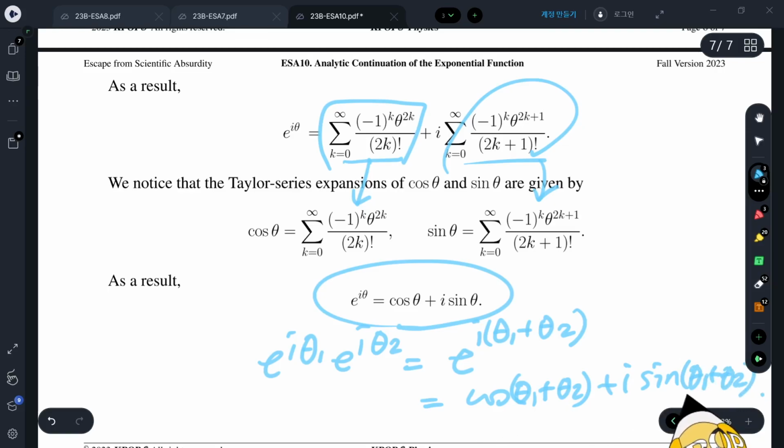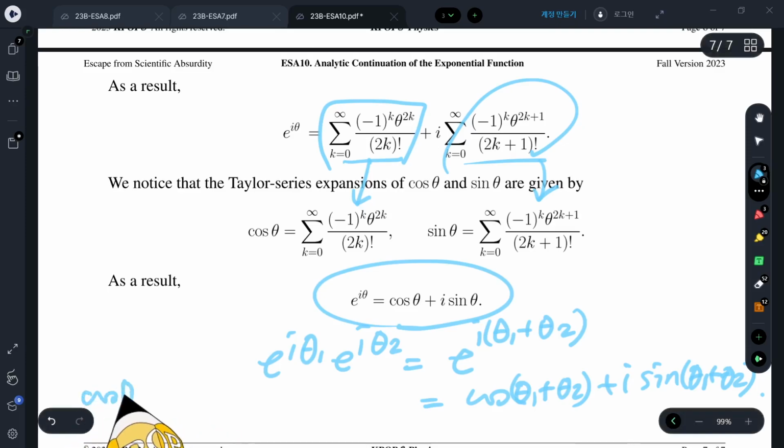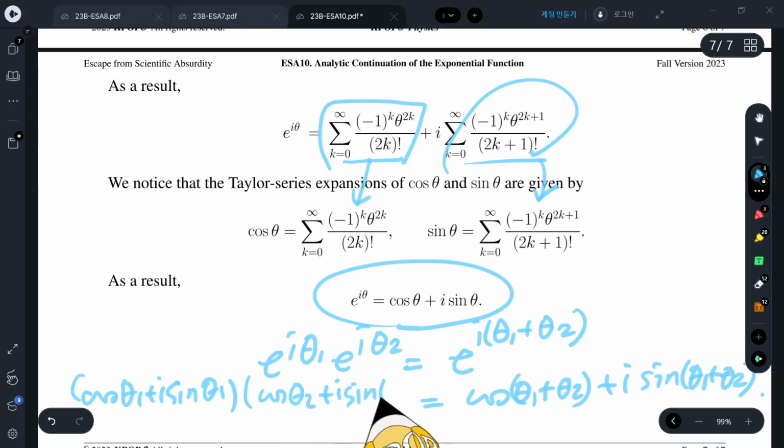Okay, using this one, actually you can find addition formula of cosine and sine. Why? How? Cosine theta 1 plus i sine theta 1 multiplied by cosine theta 2 plus i sine theta 2.